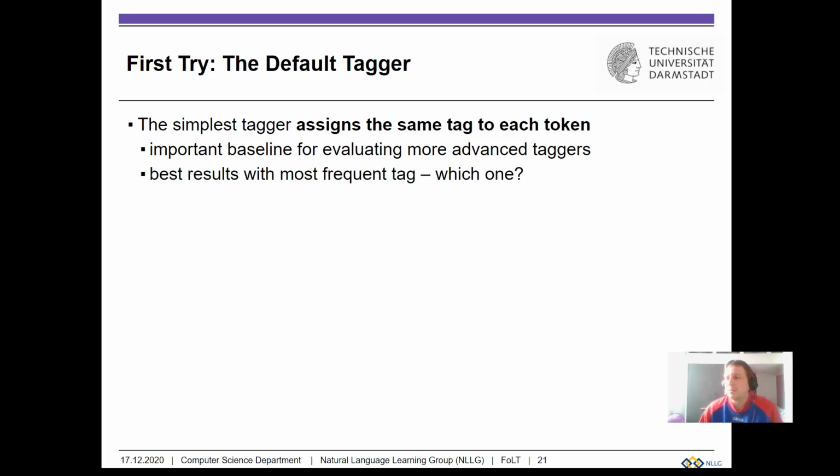Now the immediate question would be, how much better is this than a very stupid tagger? A very stupid tagger is one that always assigns the same label. And if it's not much better than such a very stupid tagger, then this means, of course, that your design solution is also not very good, right?